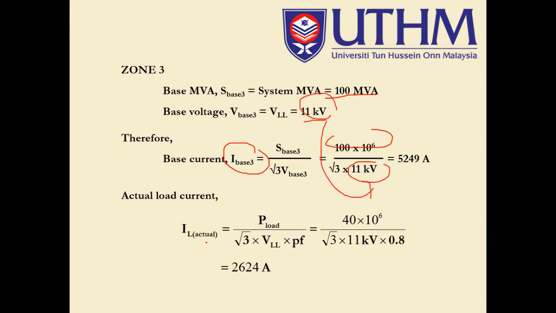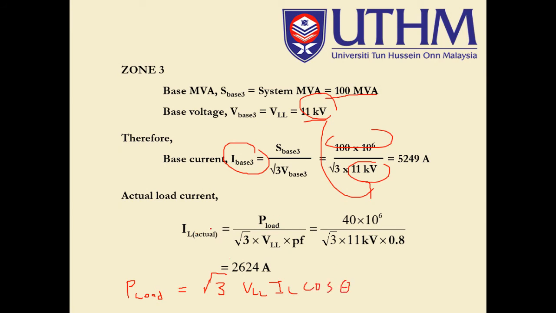Then I_L actual comes from the P load equation. We have the line-to-line voltage V_LL, the line current I_L, and cos theta, which is the power factor.